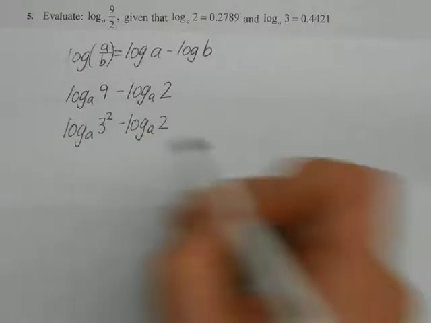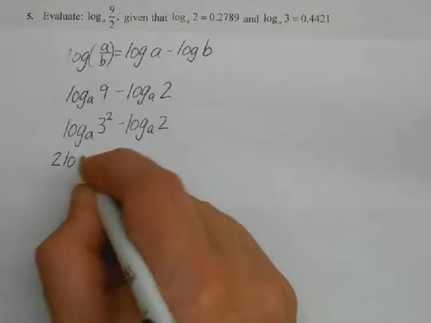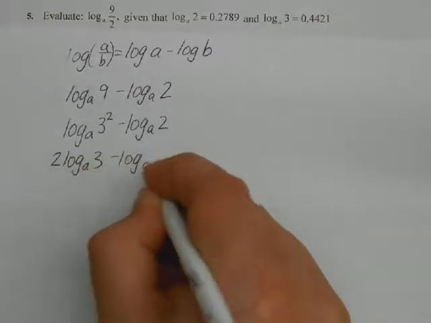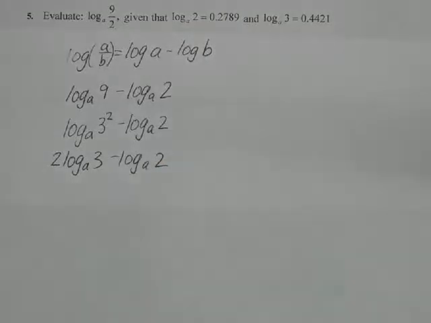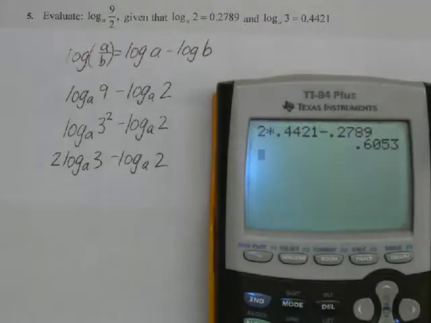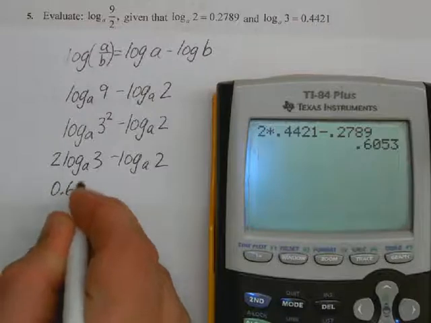Then we can rewrite log base A of 3 squared as 2 log base A of 3. And then we subtract the log base A of 2. So substituting in log of 3 and log of 2, we see that our answer is 0.6053.